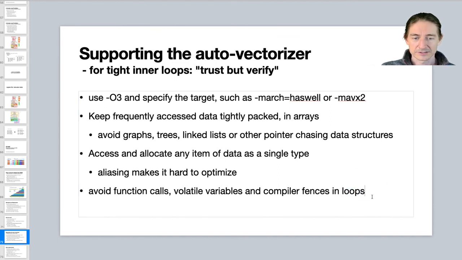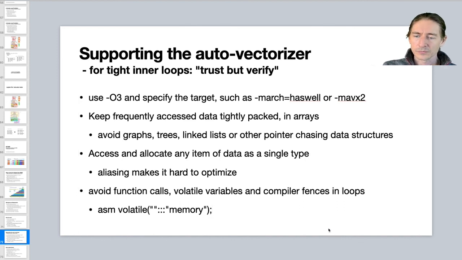I'll just write it here. Right, so this is the explicit compiler fence. There's some nice shorthand for it, I forget. Compiler fences can be very handy in performance debugging.